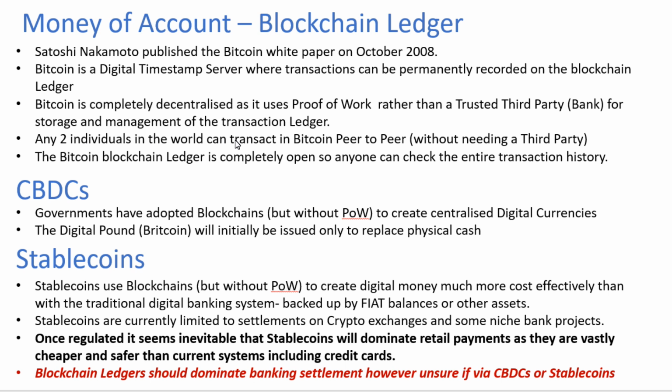And any two individuals can therefore transact directly with each other using the Bitcoin peer-to-peer electronic cash system without using a trusted third party. And like I've said, it's a completely open ledger, so anyone can then go back and check whether or not a particular transaction took place.